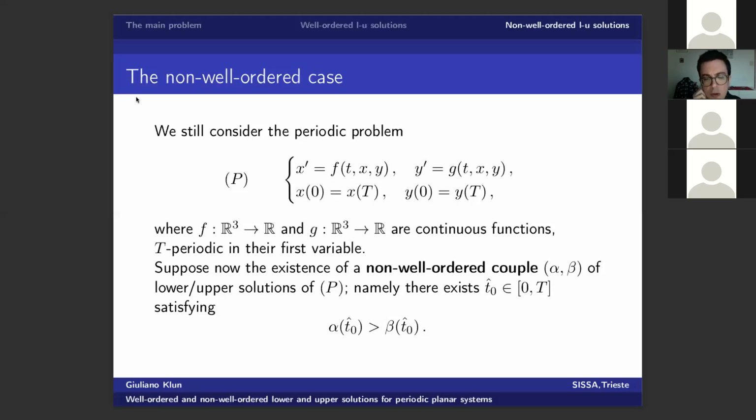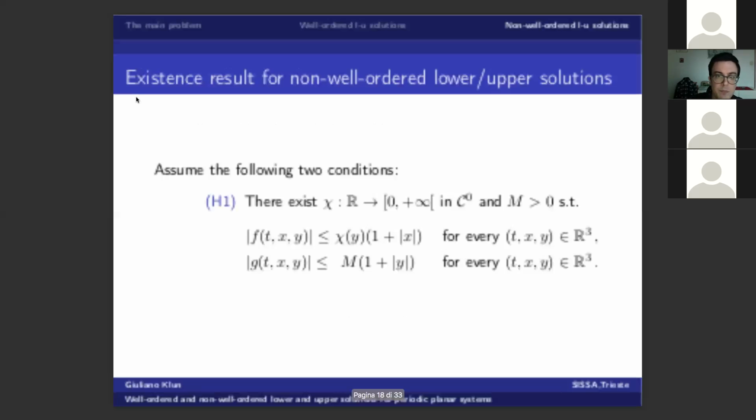So we still consider the same problem, but now in presence of a non-well-ordered couple of lower and upper solutions of P, namely the lower and upper solutions have a point T0 hat such that alpha of T0 hat is greater than beta of T0 hat.